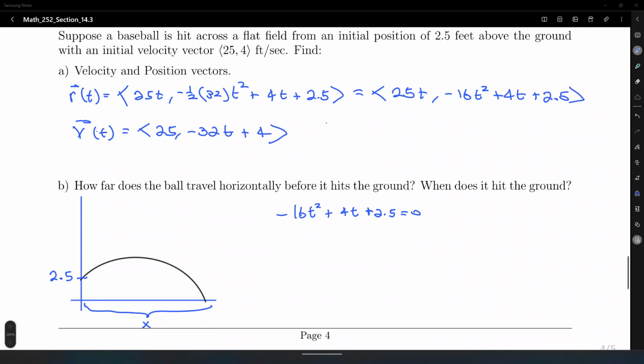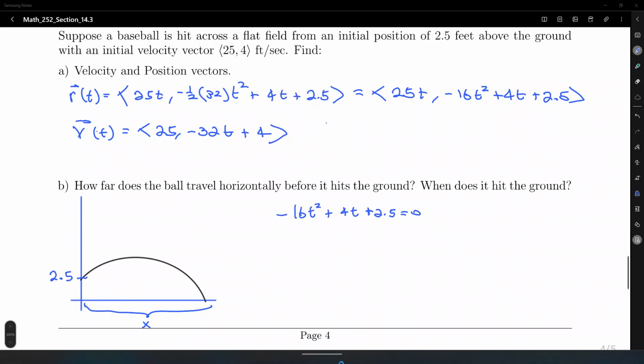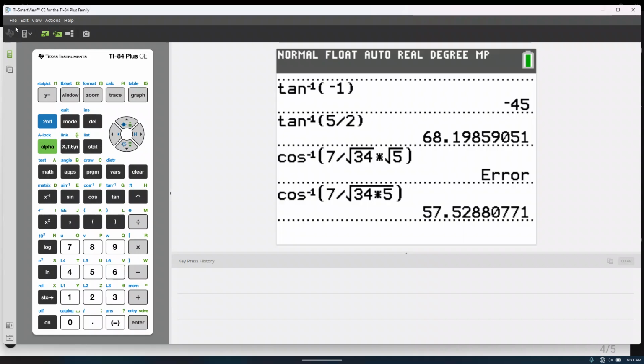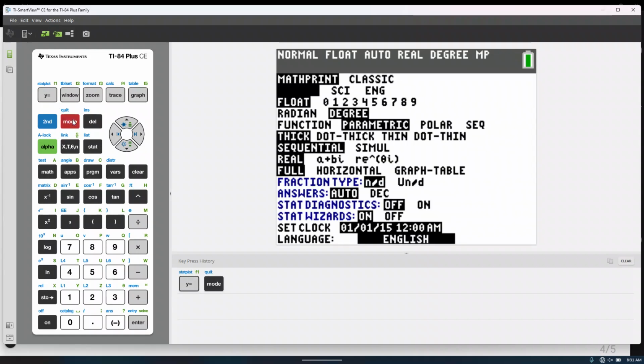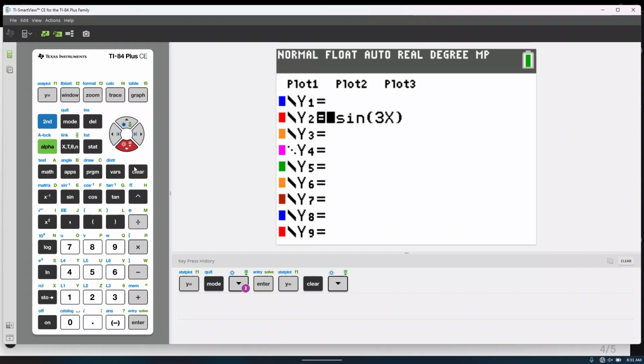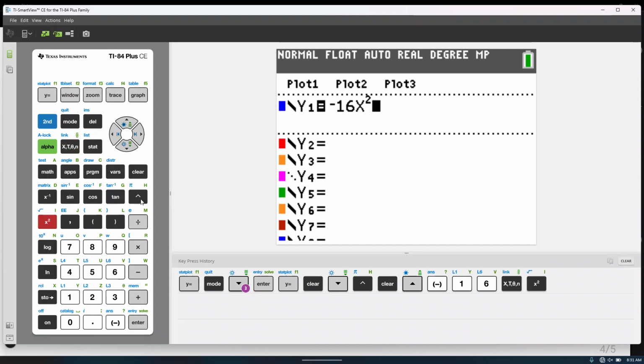Let me go to the graphing calculator. Make sure it's in the correct mode. Let's go back to the function mode and type the equation: negative 16x squared plus 4x plus 2.5.